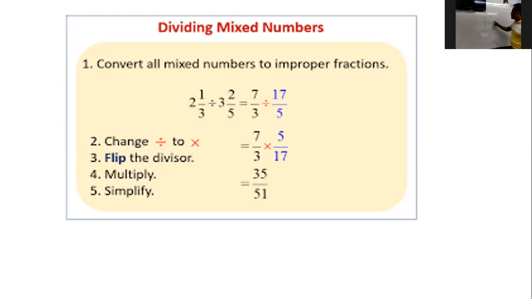Okay? 7 times 5 equals 35, and 3 times 17 equals 51. So that's your 35 over 51. So change division to multiplication, flip the divisor, multiply, and simplify.